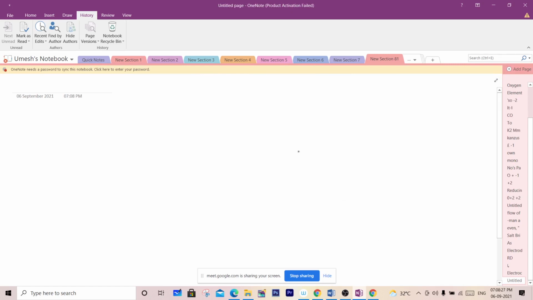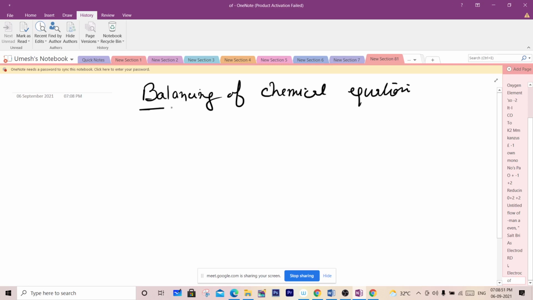We call it balancing of chemical equations. Balancing of chemical equations.